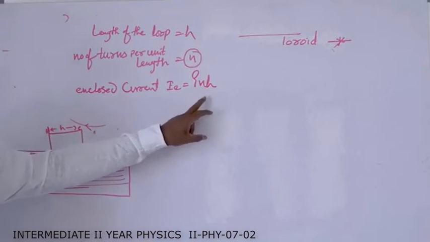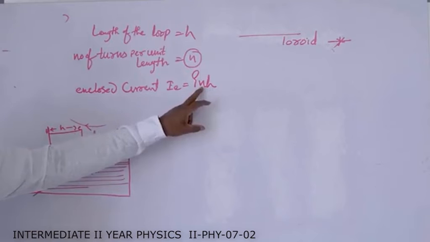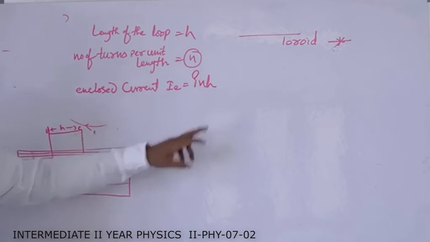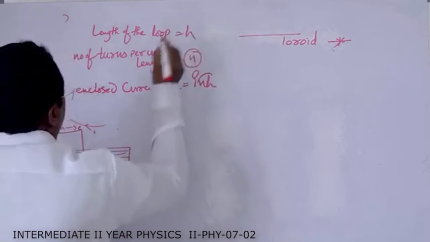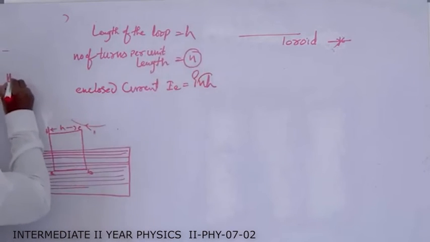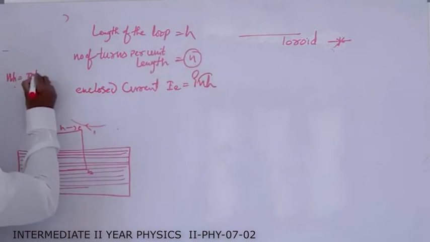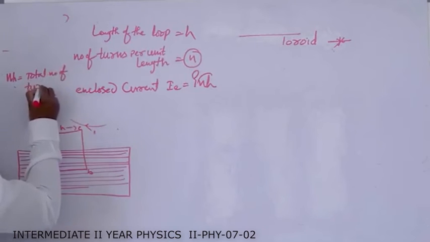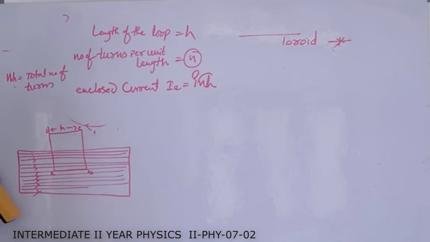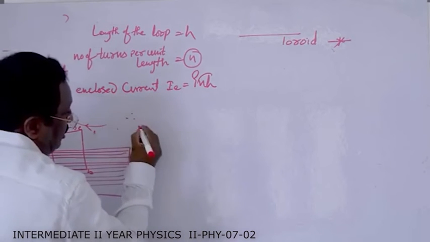What is n? Number of turns per unit length. h is the length of the loop. So nh gives what? The total number of turns in the solenoid. Now we want to apply Ampere's circuital law.